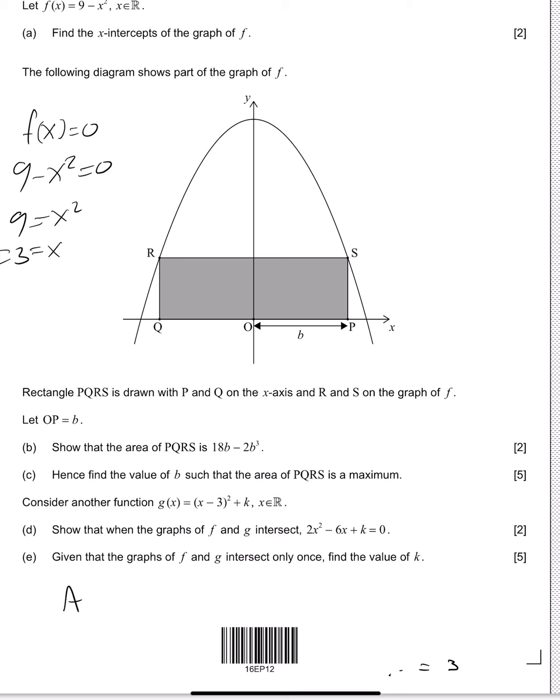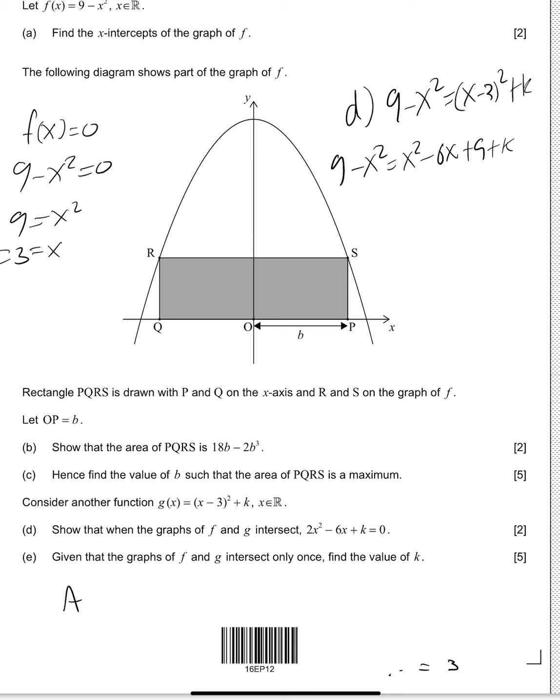So what we're showing is that 9 minus x squared equals x minus 3 squared plus k. I'm going to expand the right-hand side: x squared minus 6x plus 9 plus k.